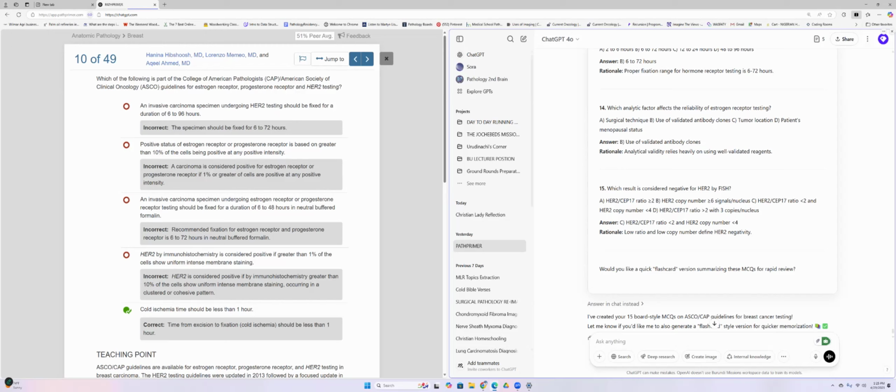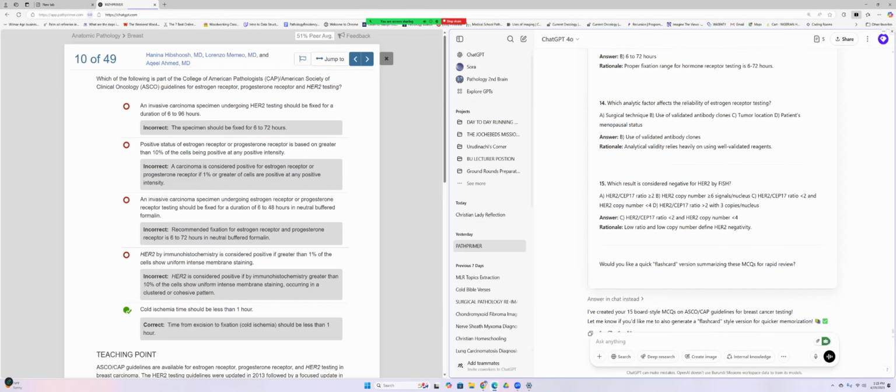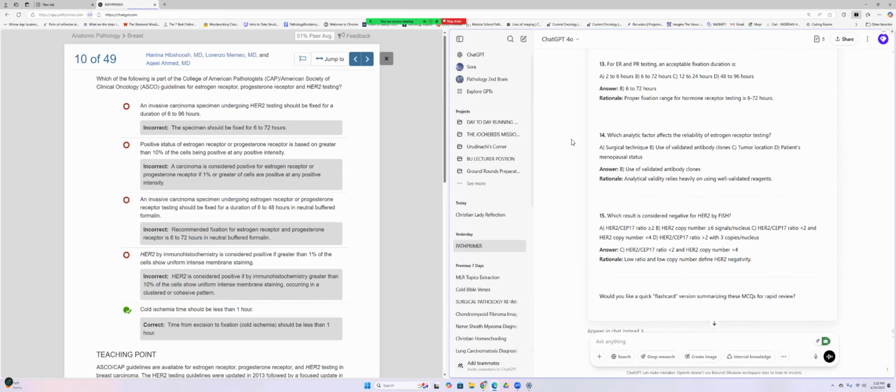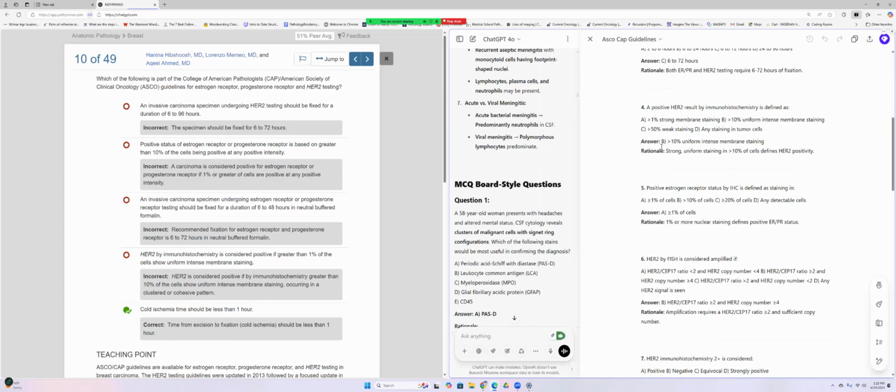Which analytical factor affects the level of estrogen receptor testing? Okay. Not sure. Let's validate. We can clarify the use of validated antibody clones.